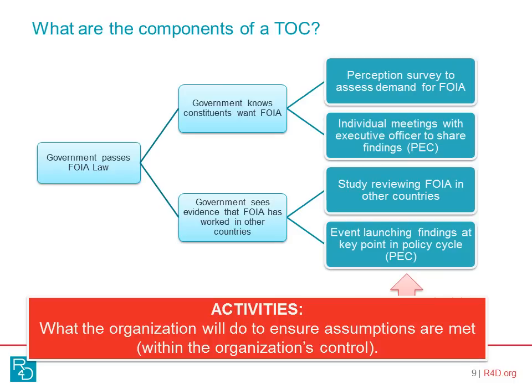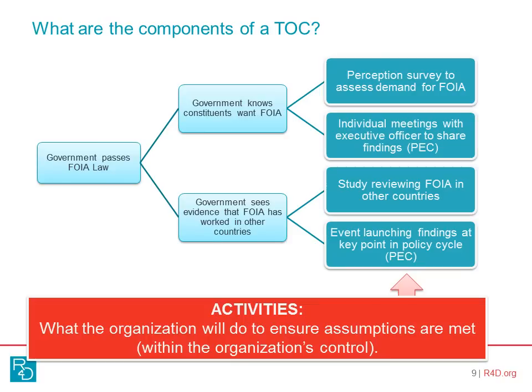These should be linked to the assumptions and should be designed directly to try to address them. In the example, you can see that the organization will undertake two activities to ensure the government knows its constituents want Freedom of Information acts. It will conduct a perception survey to assess demand for Freedom of Information laws, and it will conduct individual meetings with the executive officers to share the findings.